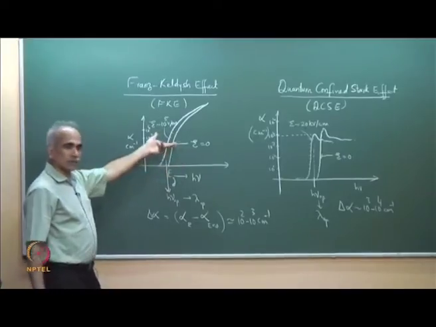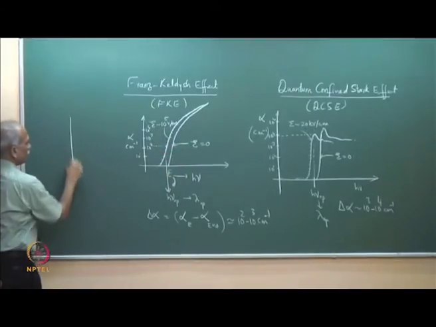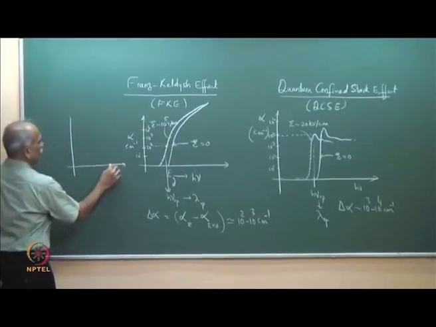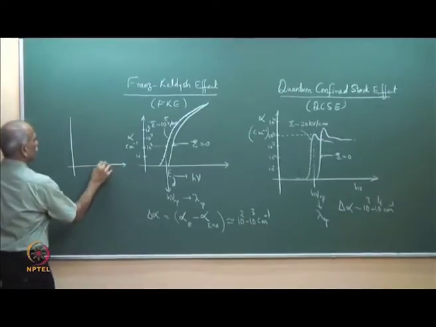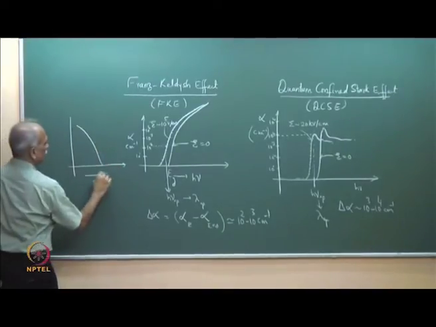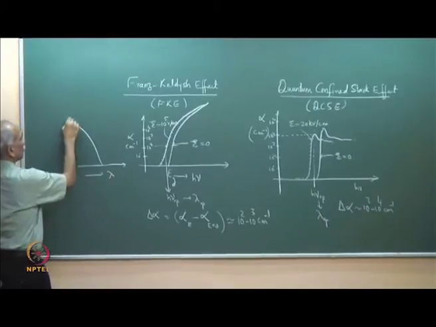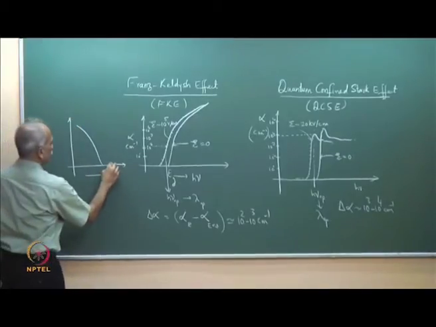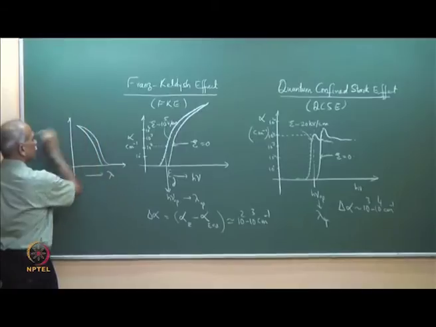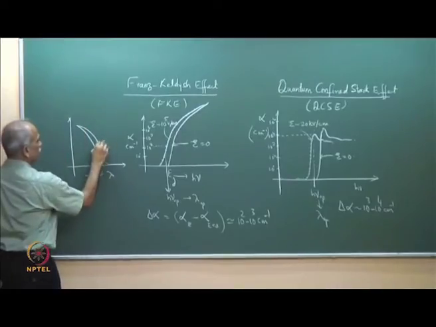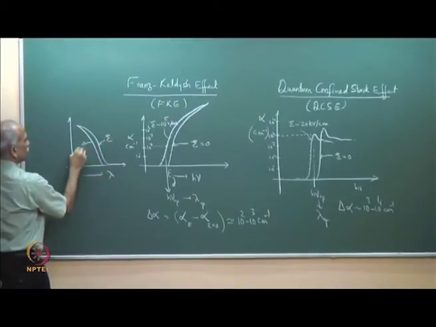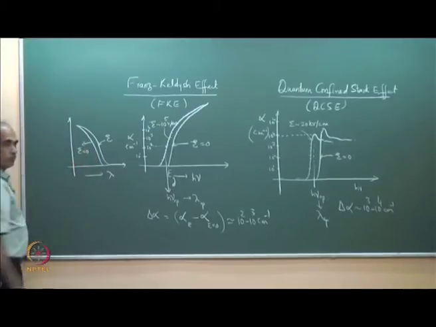So, if you want to plot the same graph in terms of wavelength, it would have been the other way. So, this is lambda, and then in the presence of an electric field it would shift like this. So, this is with E and this is with E equal to 0.